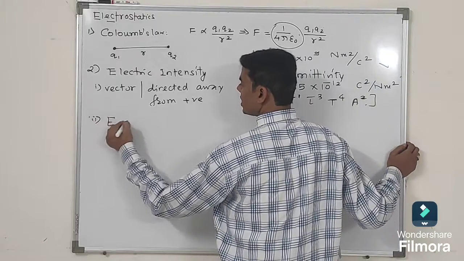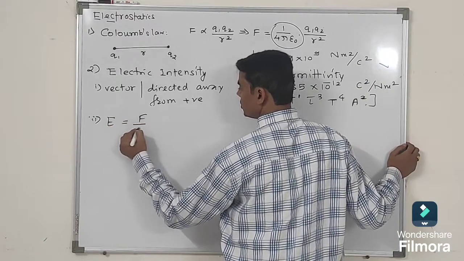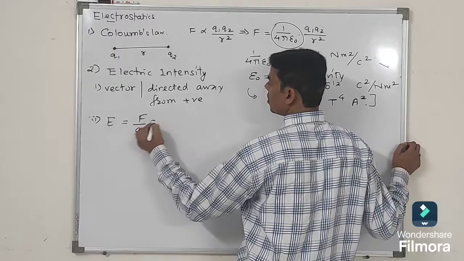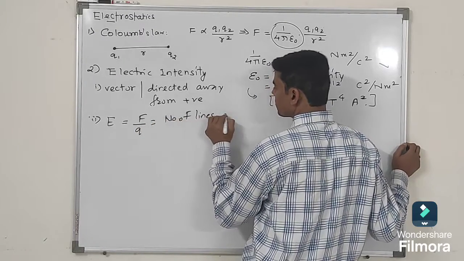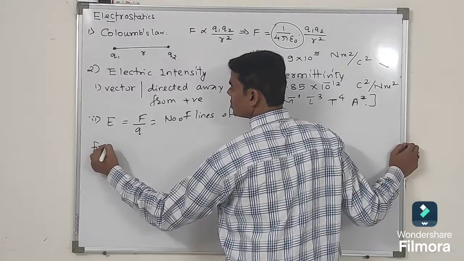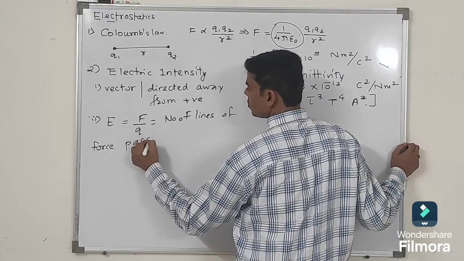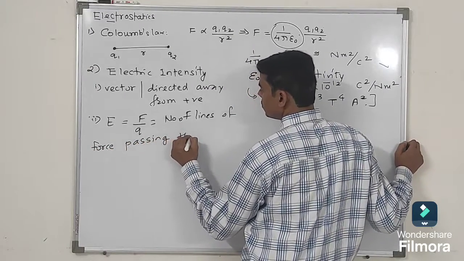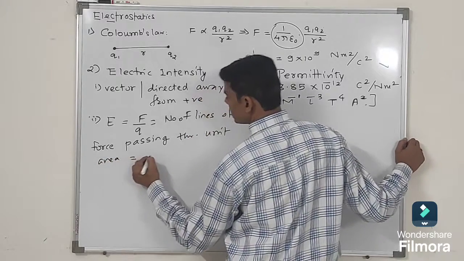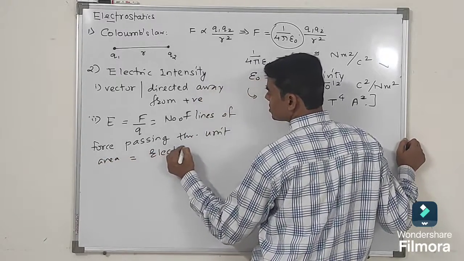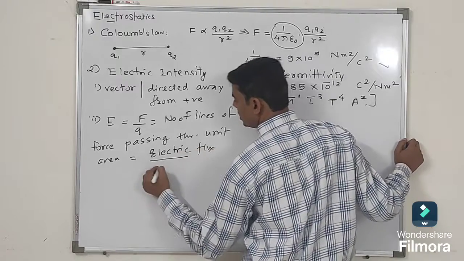It is defined as force acting per unit positive charge, or number of lines of force passing through unit area, or it is also defined as electric flux per unit area.